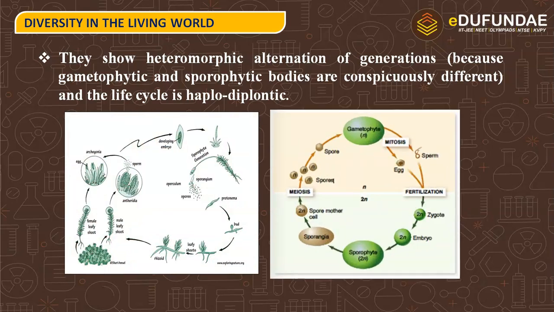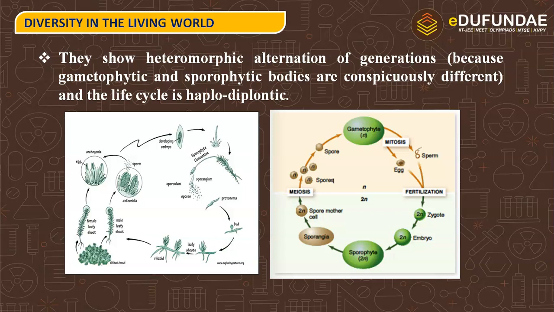So here we see that if we begin from the gametophyte, the gametophyte, that is the main actual plant body, is the haploid structure. By mitosis, it leads to the formation of the egg and sperms, that means the gametes. These gametes, after undergoing fertilization, will form a diploid zygote.